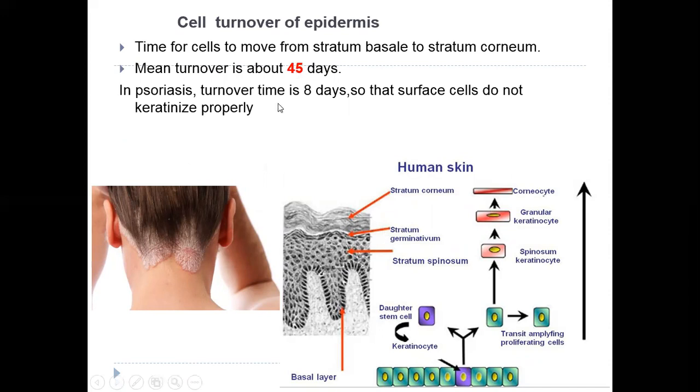But in some abnormal conditions like psoriasis, the cell takes only 8 days to move from stratum basale to stratum corneum, so it does not keratinize properly, and the waterproof property of the skin is lost in these cases, and also the skin will have a lot of scales. So this condition is called psoriasis.